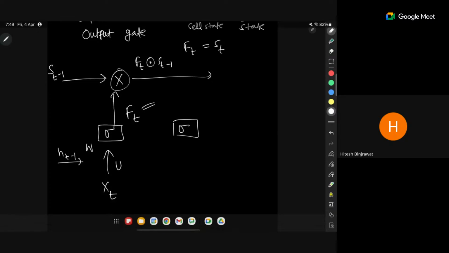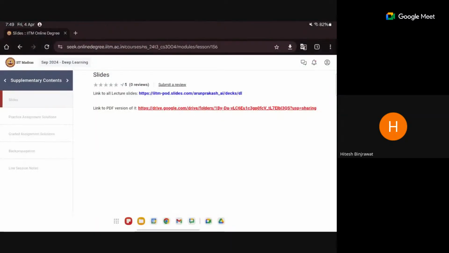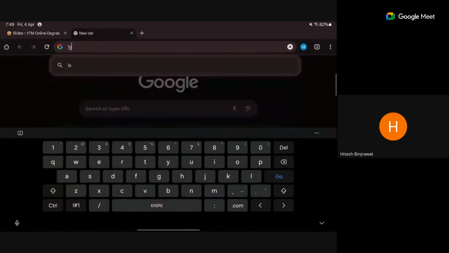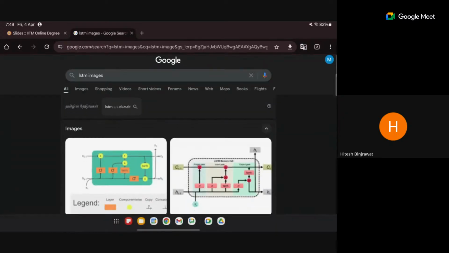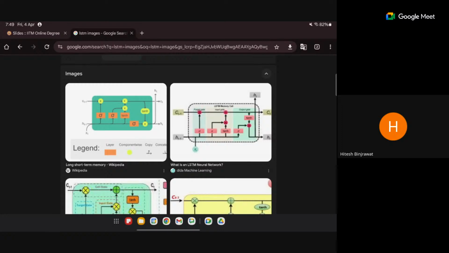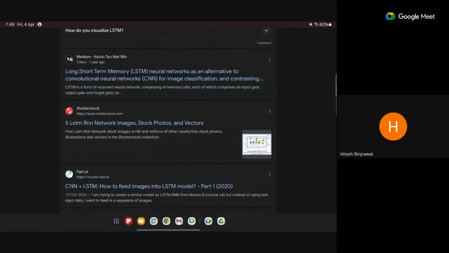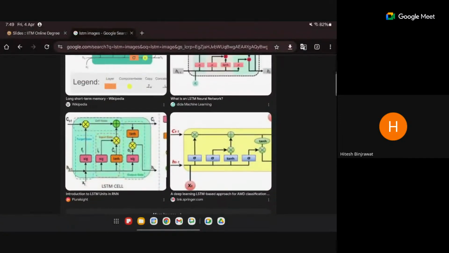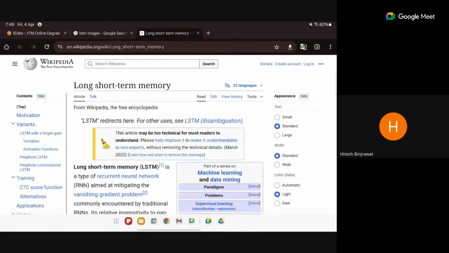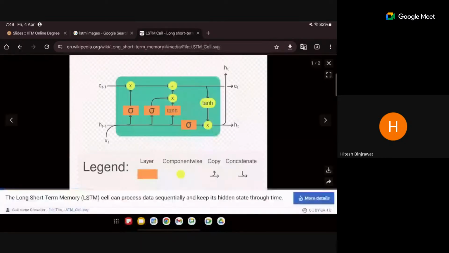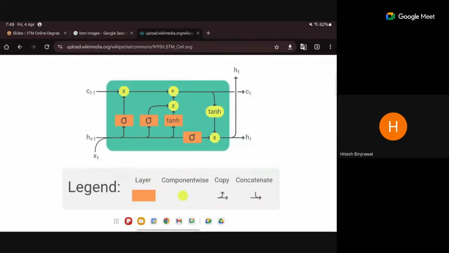It would be better if I use the image itself. This looks okay, I'll use this.